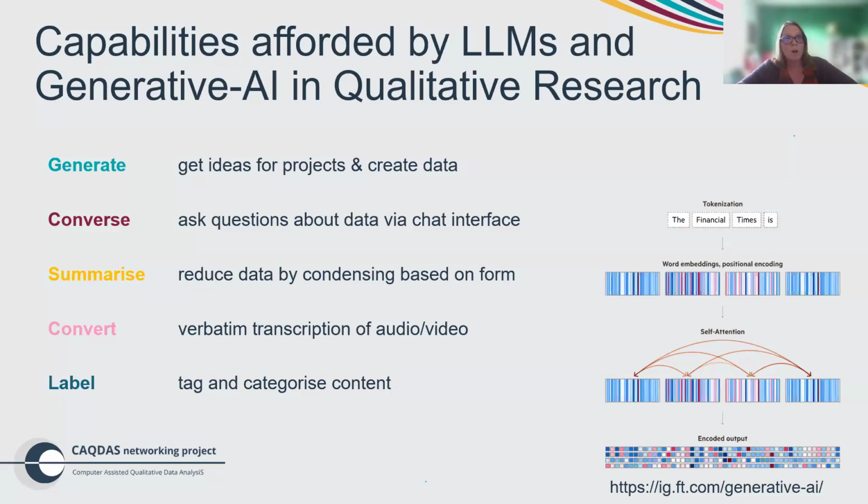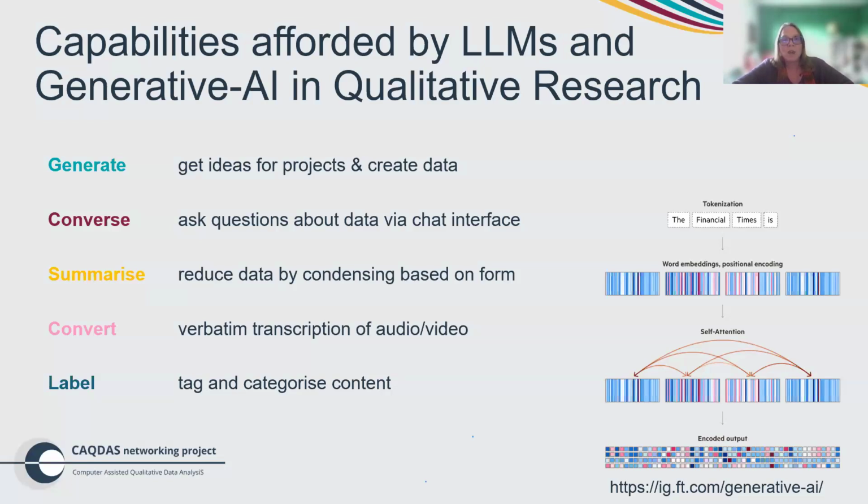And other things we can do are convert. So the classic conversion that's relevant to qualitative research is converting audio or video recordings into written text that we can then analyze in the form of a transcript. But there may be other ways that conversion will occur in the future as well. And then finally, we're going to think a little bit about labeling. I'm guessing that many of you will be familiar with the idea of qualitative coding in your projects.